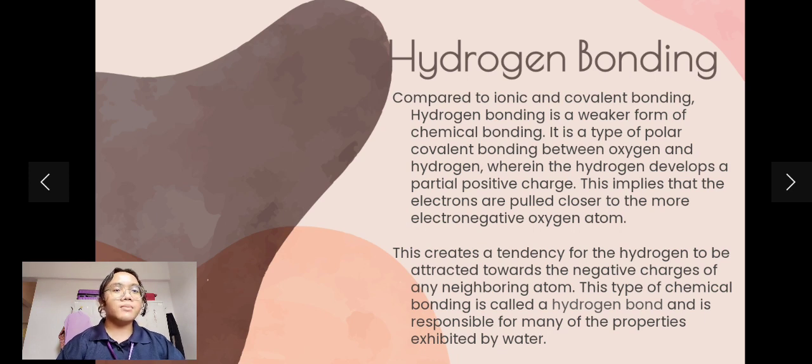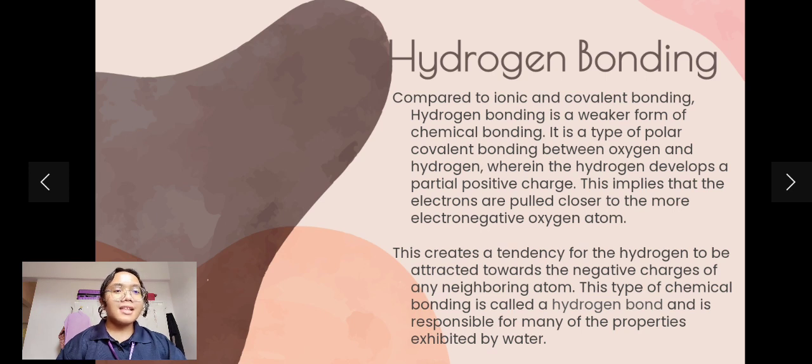Next is hydrogen bonding. Compared to ionic and covalent bonding, hydrogen bonding is a weaker form of chemical bonding. It is a type of polar covalent bonding between oxygen and hydrogen, wherein the hydrogen develops a partial positive charge.